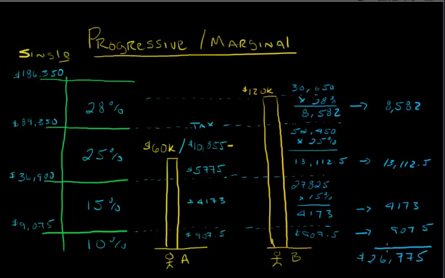So now, this is really what I want to get to, is we notice that 60 to 120 is 2 times income, right? So we know that it's 2 times income.